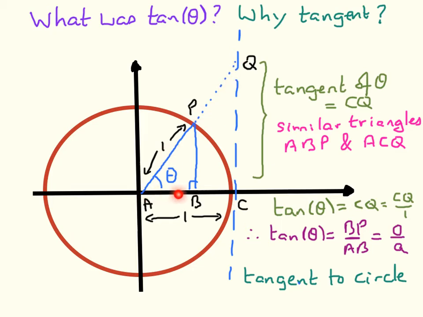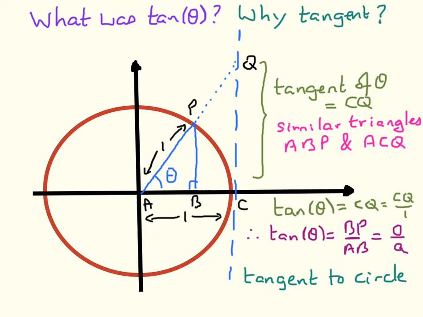So if theta was 0, the tangent would be 0, and as you increase theta, it gets larger and larger, and as theta approaches 90, this length is going to diverge, which is exactly what you would expect from the tangent function. So the tangent can be thought of as being this length CQ.